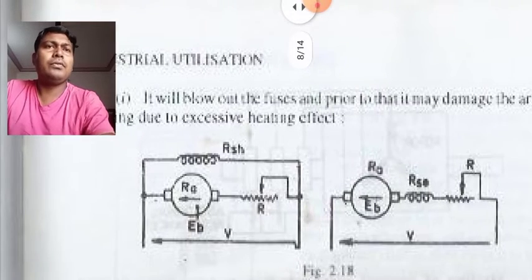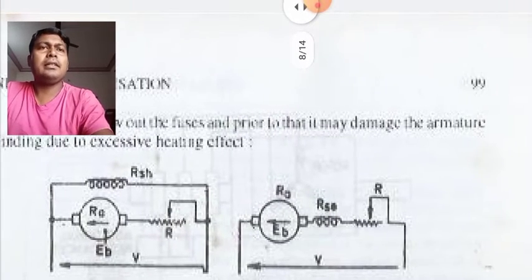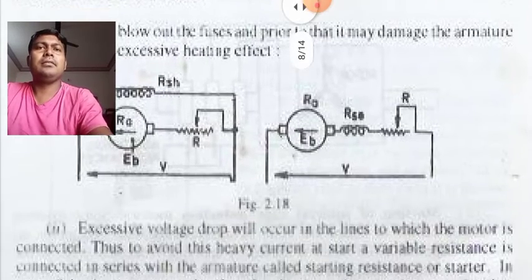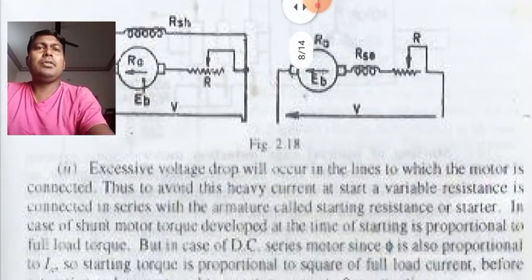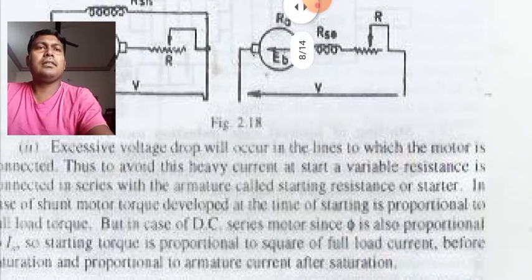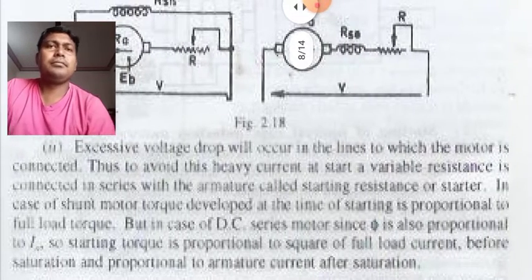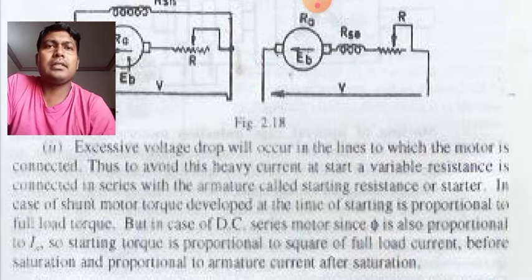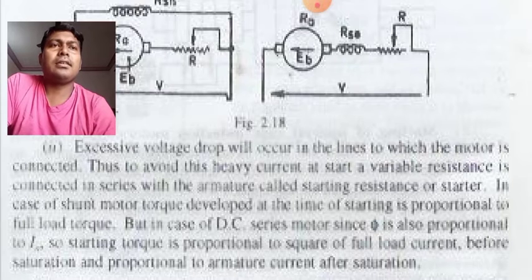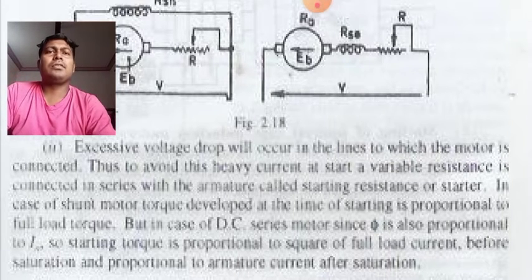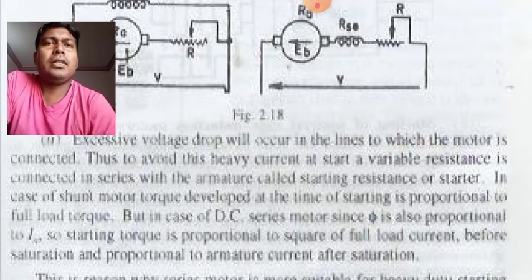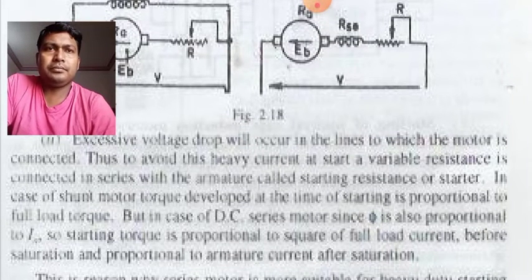It will blow out the fuses, and prior to that it may damage the armature winding due to excessive heating. Excessive voltage drop will also occur in the lines to which the motor is connected. Thus, to avoid the heavy current at start, a variable resistance called a starting resistance or starter is connected in series with the armature. In the case of a shunt motor, the torque developed at the time of starting is proportional to the full load torque.